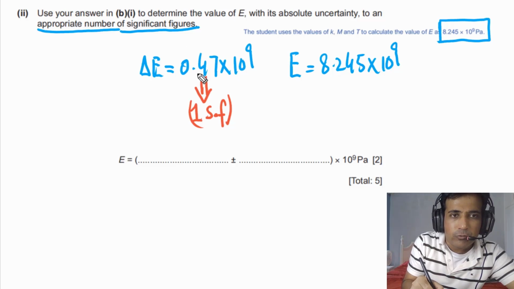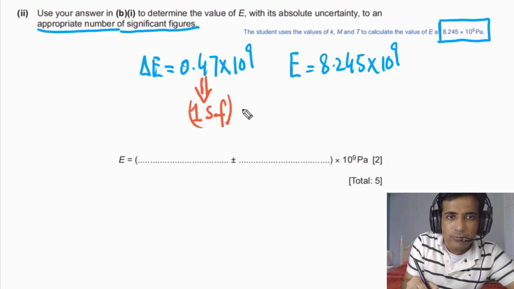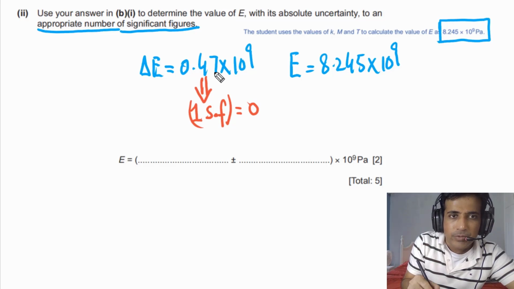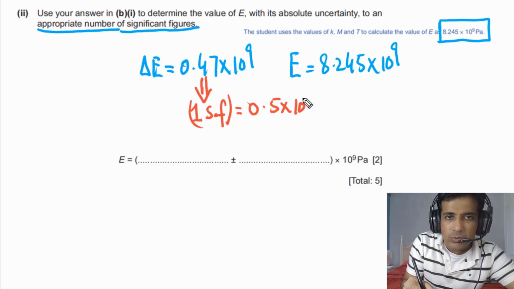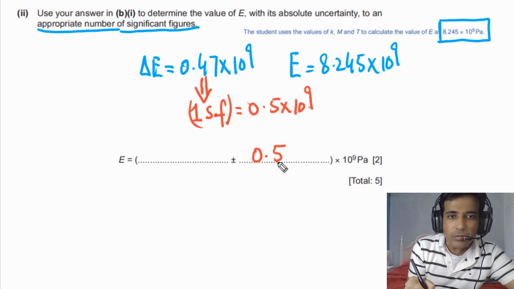Because 7 is greater than 5, we can write down 0.5 times 10 to 9. Now the absolute uncertainty has 1 SF, so we can write down the absolute uncertainty here. So this is 0.5.